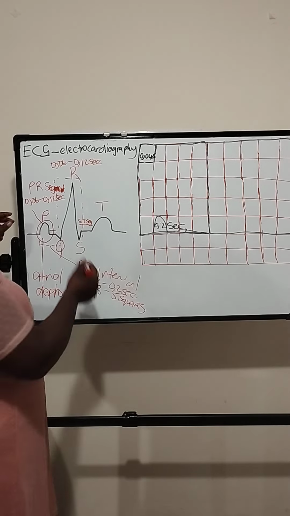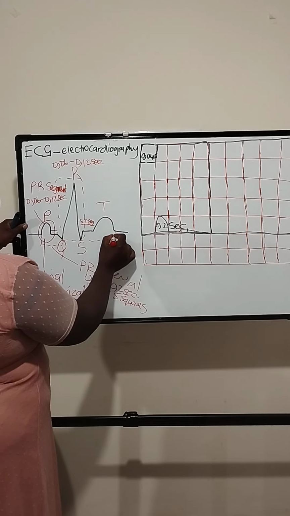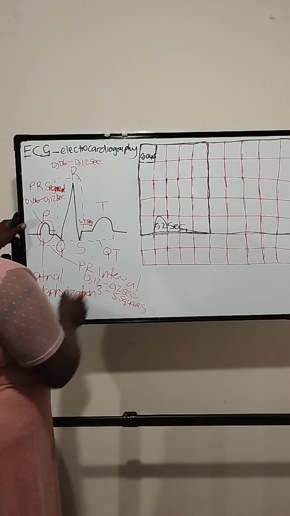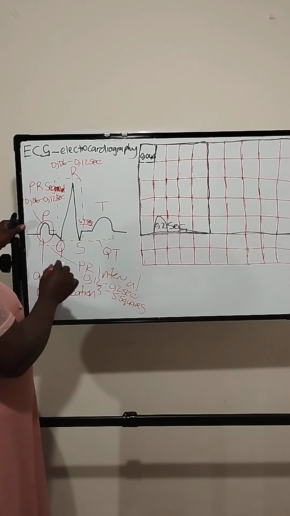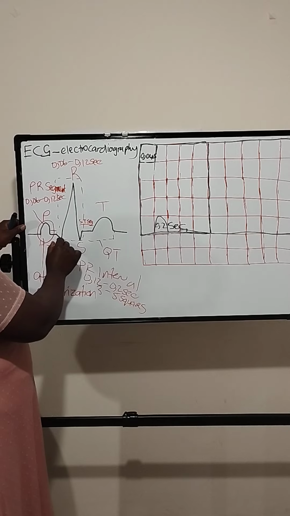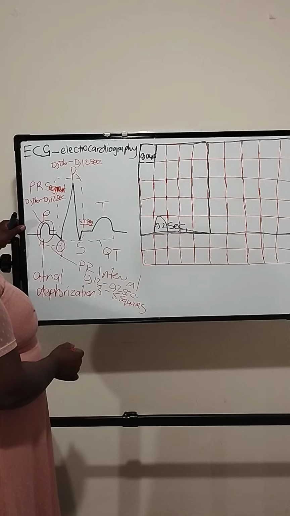We also have a QT interval. Our QT interval is the period from the beginning of the QRS complex to the end of the T wave.